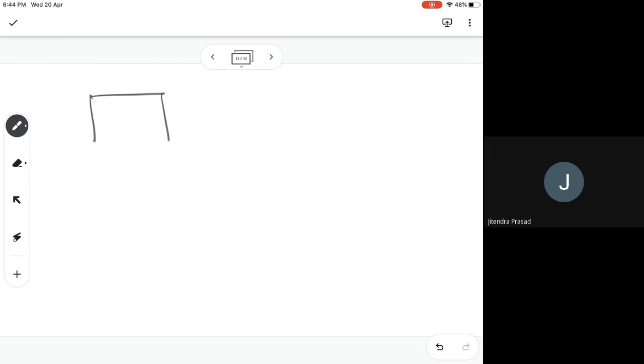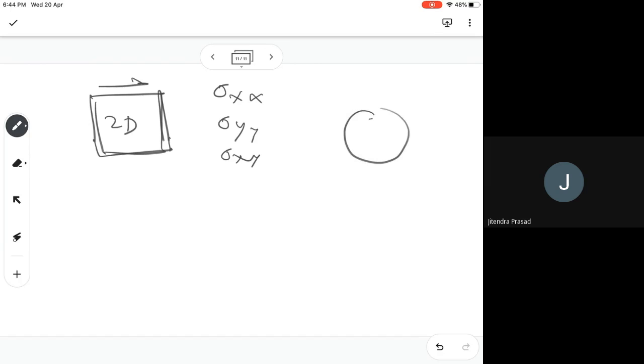When you have a 2D problem, you will have some kind of stresses, all three stresses: sigma xx, sigma yy, sigma xy. Now an axisymmetric problem will have everything axisymmetric, meaning that if a force is applied here, it will be everywhere, symmetric like this one. So all the forces will be applied like this.